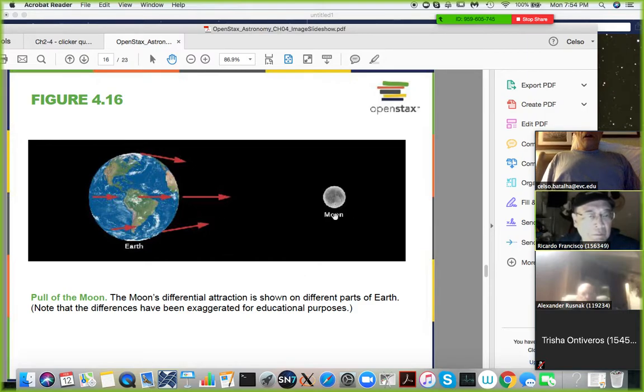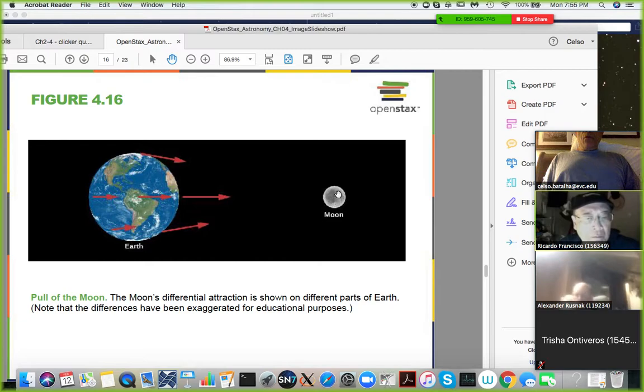So tides are caused primarily by the moon, but tides are exerted on Earth by both the moon and sun. If you can imagine, in full moon, the moon is here, Earth is here, and the sun is on the other side. So they both, the moon and sun, combine to stretch Earth in such a way that you cause the tides. And those tides are called spring tides.